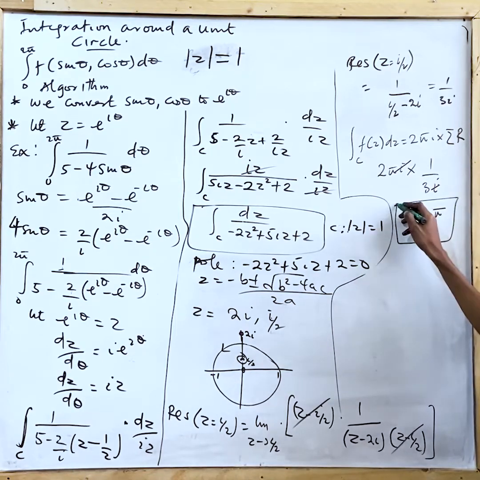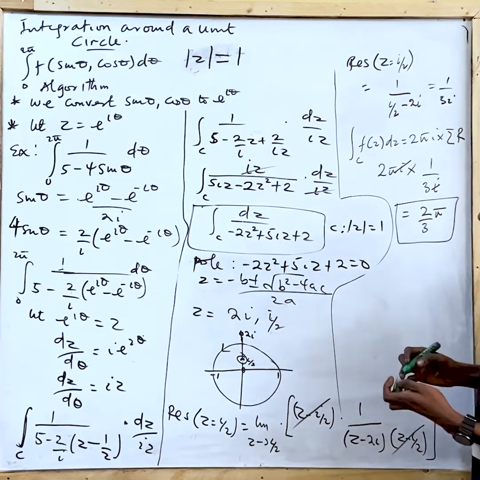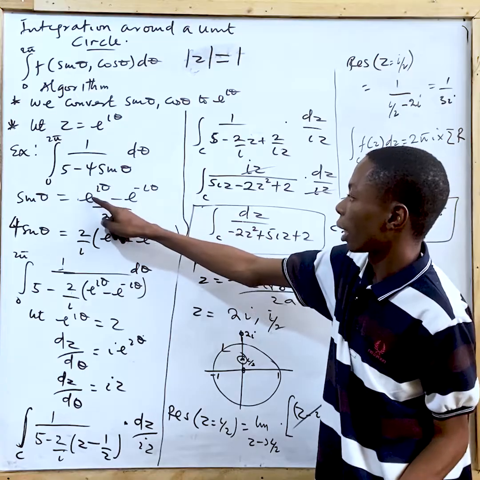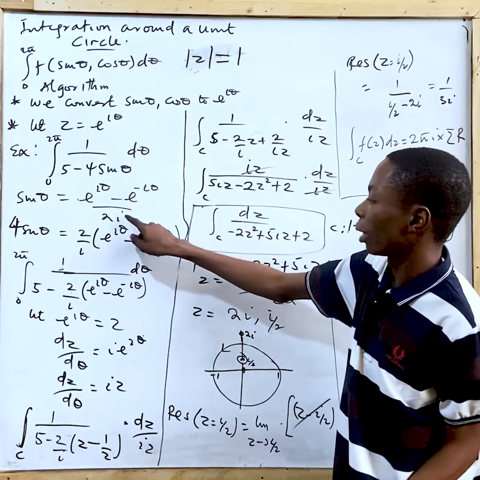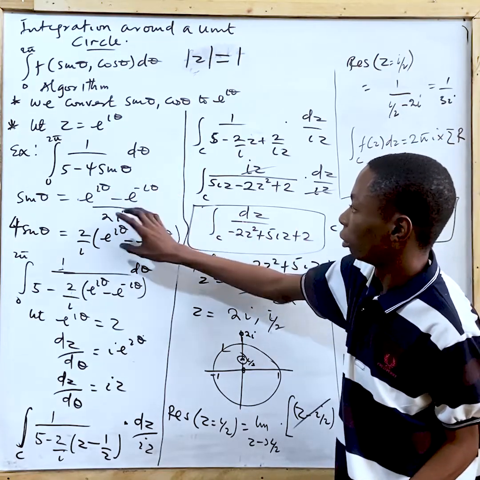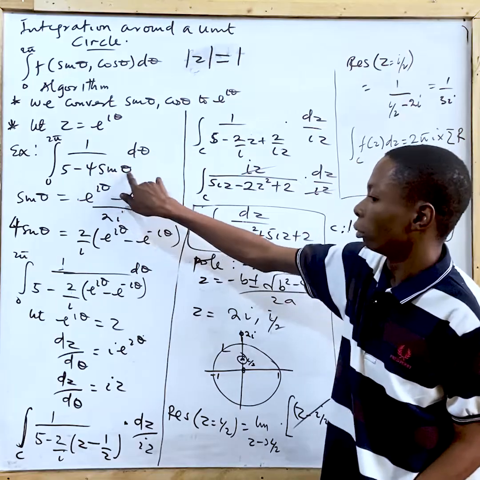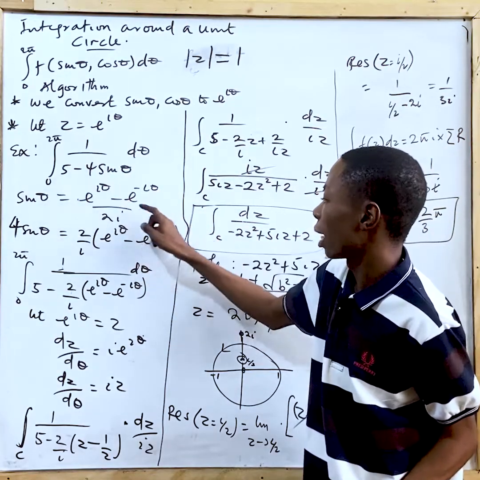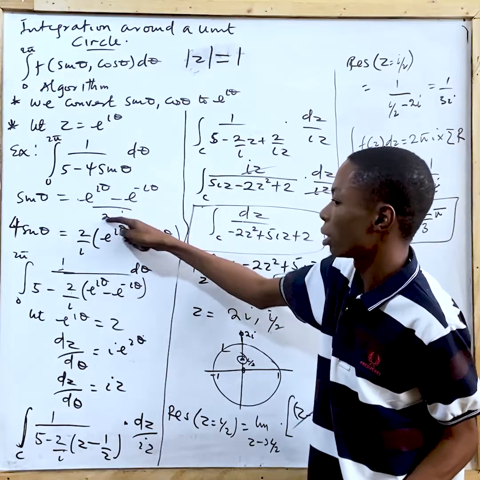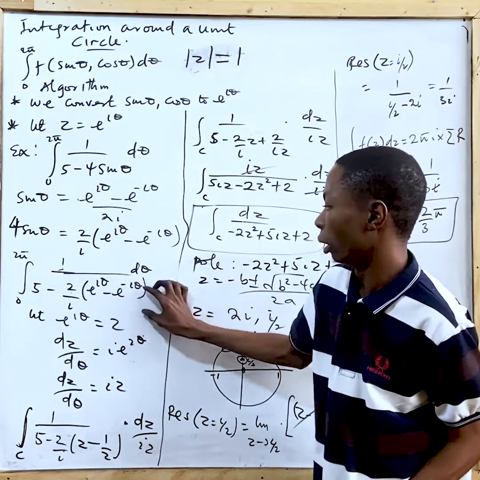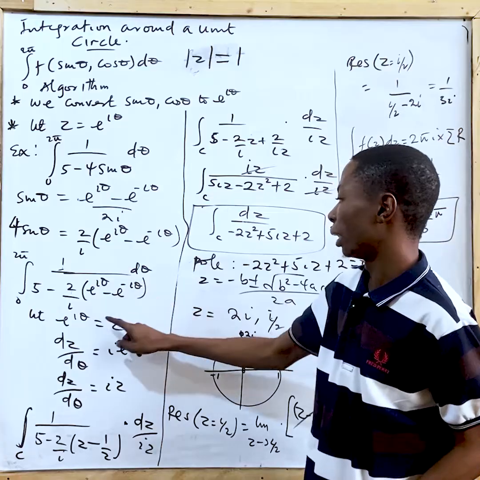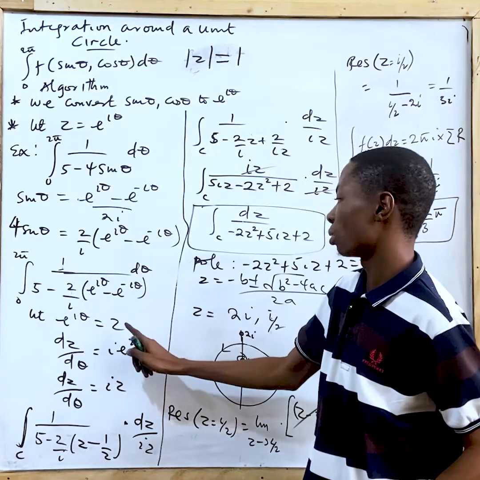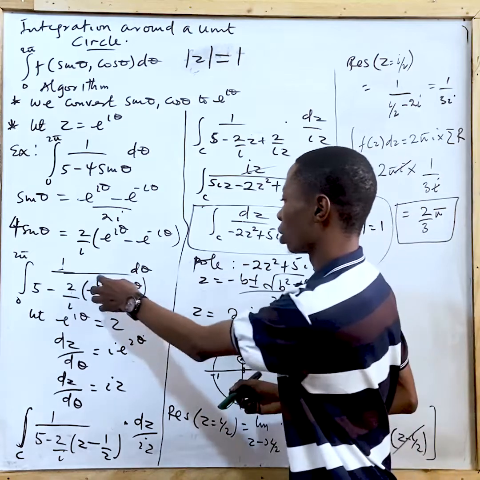Again, the algorithm is that from here, if it is sine, you change sine to (e to the i theta minus e to the minus i theta) over 2i. That's step 1. Substitute for sine theta here, where we have 5 minus 4 sine theta. That's 5 minus 4 into all this stuff. We arrive at this point. And then the next transformation is let e raised to i theta equal z.